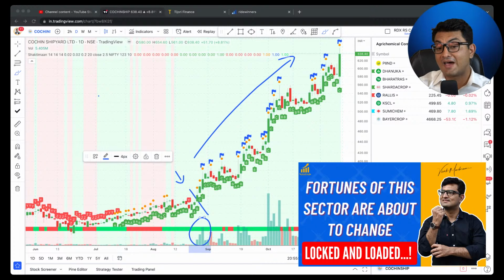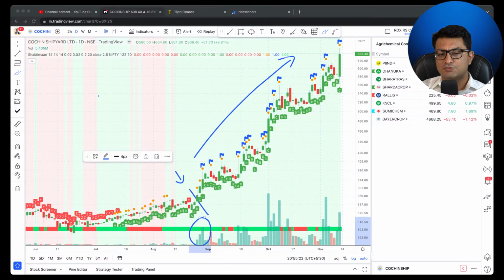I shared why the price volume action is coming up, what the fundamental triggers are, what the PLI scheme is, and how to identify the order book. I covered the entire process for finding an earnings growth trigger. Within half an hour you can do it. I've done it in front of all of you so that you know it is not as difficult as it looks. It's doable and all of you can do it.